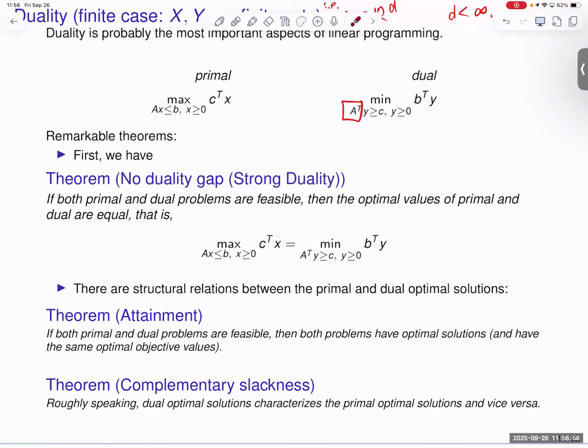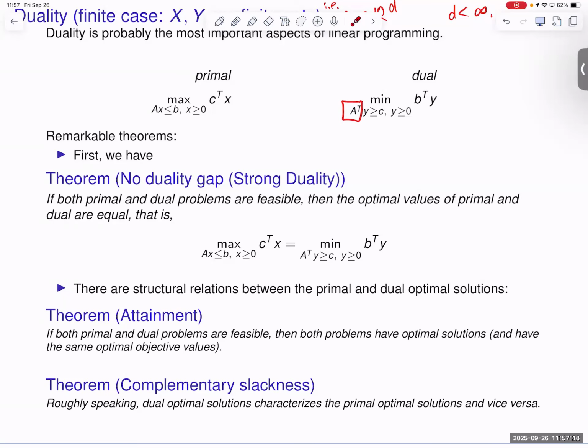So if you consider the dual problem, then what should be the dual decision variable? What? Dual measures?